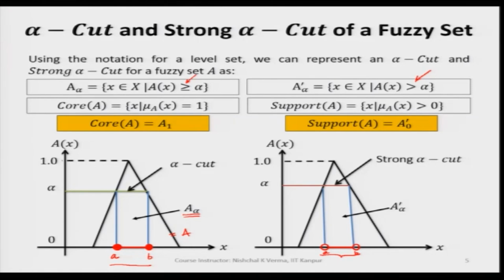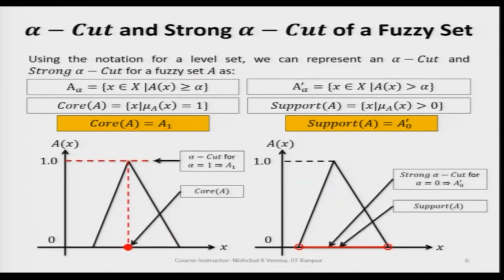So, obviously, the core is also the same. So, we can say that the core of A is equal to the alpha 1, meaning the one cut of the fuzzy set A. Similarly, the support of A can also be defined in terms of the strict alpha cut, if we take the value of alpha here as 0.